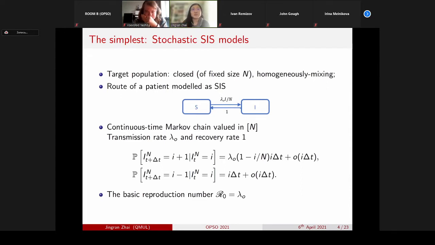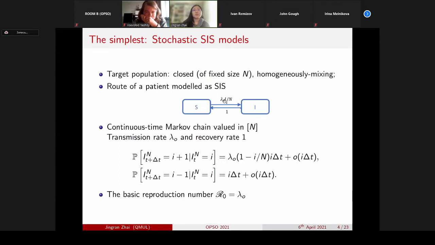Each individual in the S compartment contacts another person uniformly at random and contracts the disease at rate lambda 0 if the other party is infected. And every individual in compartment I recovers and returns to compartment S at recovery rate 1 independently.